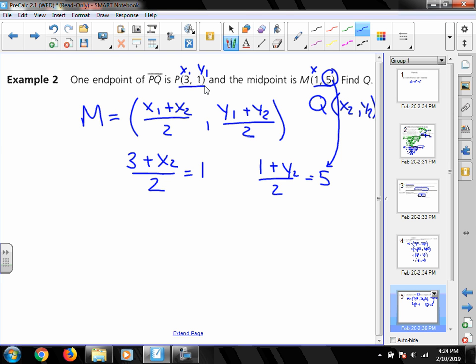Now I have two small equations that I can solve. Since the whole equation is getting divided by 2, I'm going to multiply both sides by 2 so I can get to that variable that I want. So I'm left with 3 plus x sub 2 is equal to 2. Subtract 3, I get that x sub 2 is equal to negative 1.